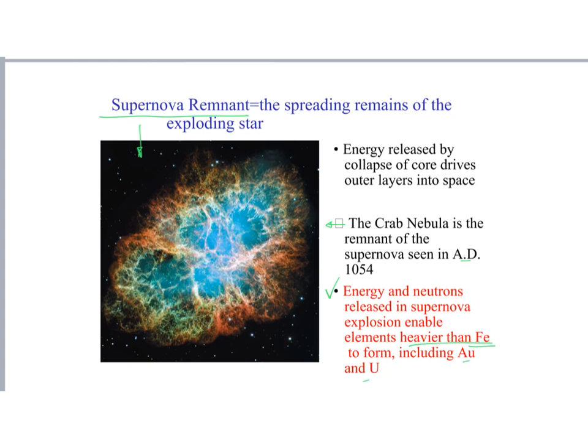So remember how I said everything that is not hydrogen and helium is formed in stars or by stars. But we've seen that even the high mass stars cannot produce anything heavier than iron. It is actually true. During the supernova explosion, elements heavier than iron are created.